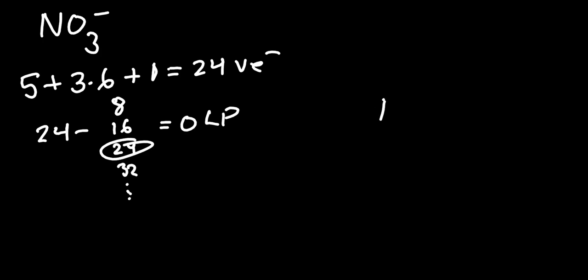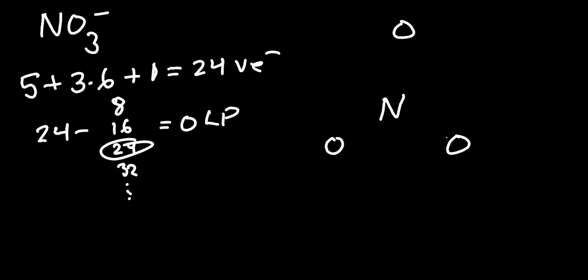So when we make our molecule, we'll have 0 lone pairs, so we don't need to draw anything. And because nitrogen is in the second row of the periodic table, it's going to want to follow the octet rule. So the only way that it can is it can have 4 bonds. It has to have 4 bonds.